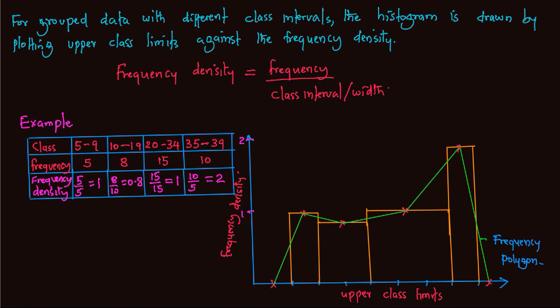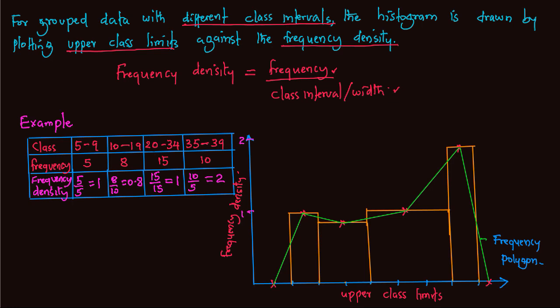For grouped data with different class intervals, the histogram is drawn by plotting the upper class limits against the frequency density. And we calculate frequency density by dividing the frequency of the class over the class width.